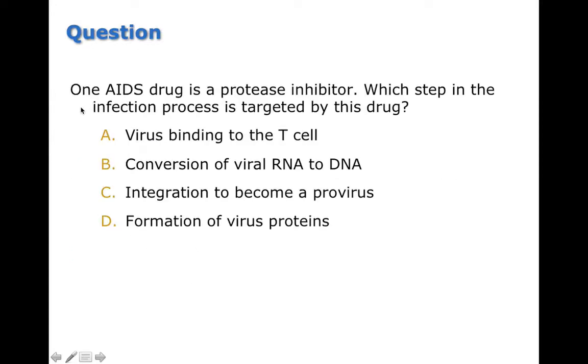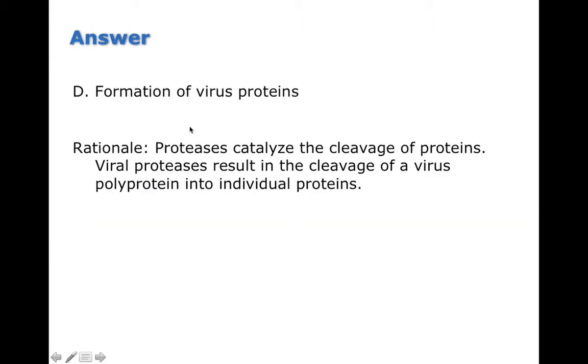So the other question here says, one AIDS drug is a protease inhibitor, and so which step in the viral life cycle would be targeted by this protease inhibitor? Would it be binding to the T cell, conversion of RNA to DNA, integration to become a provirus, or formation of viral proteins? Well, we talked about how protease inhibitors would target basically viral protease, which cleaves the viral polypeptide into separate pieces, right?